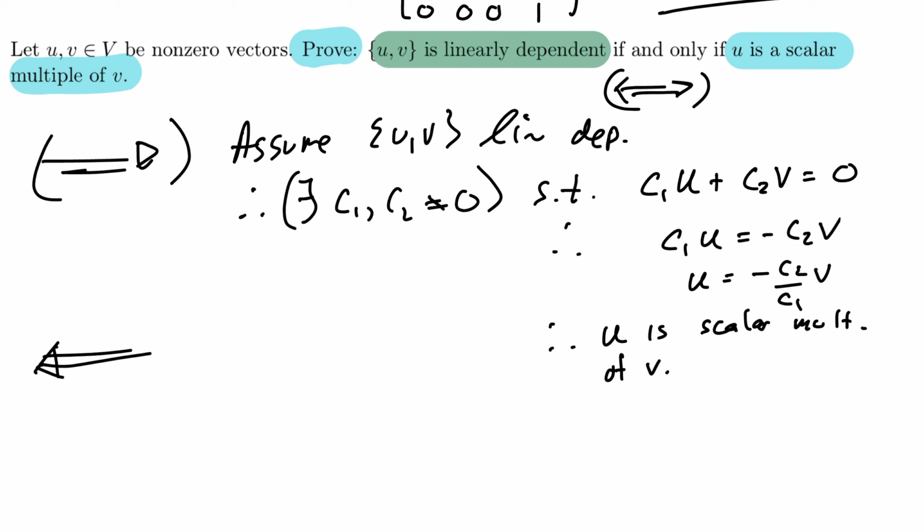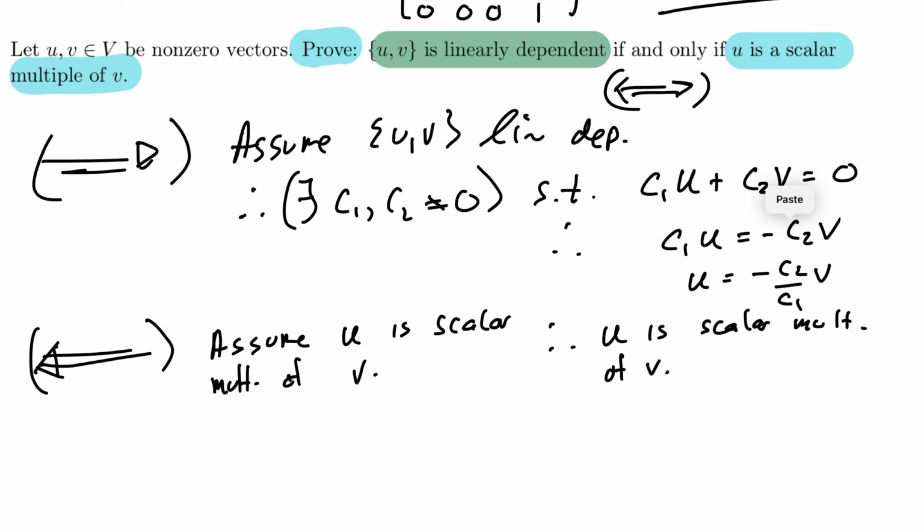So I'm going to assume that U is a scalar multiple of V, and I want to show the set must be dependent.